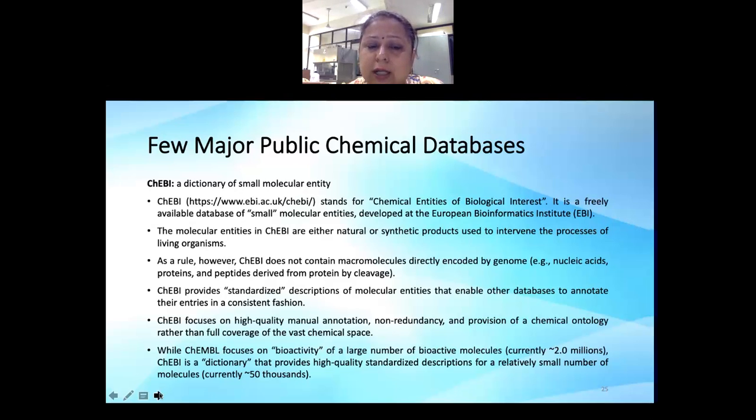The molecular entities in ChEBI are either natural or synthetic products used to intervene in the processes of living organisms. As a rule, ChEBI does not contain macromolecules directly encoded by the genome. So it does not contain information about nucleic acids, proteins, and peptides derived from protein by cleavage.